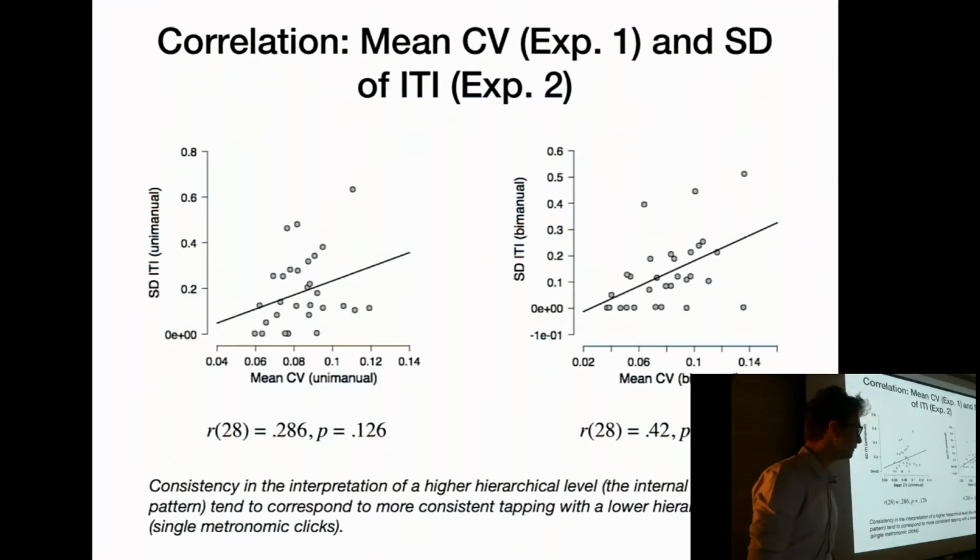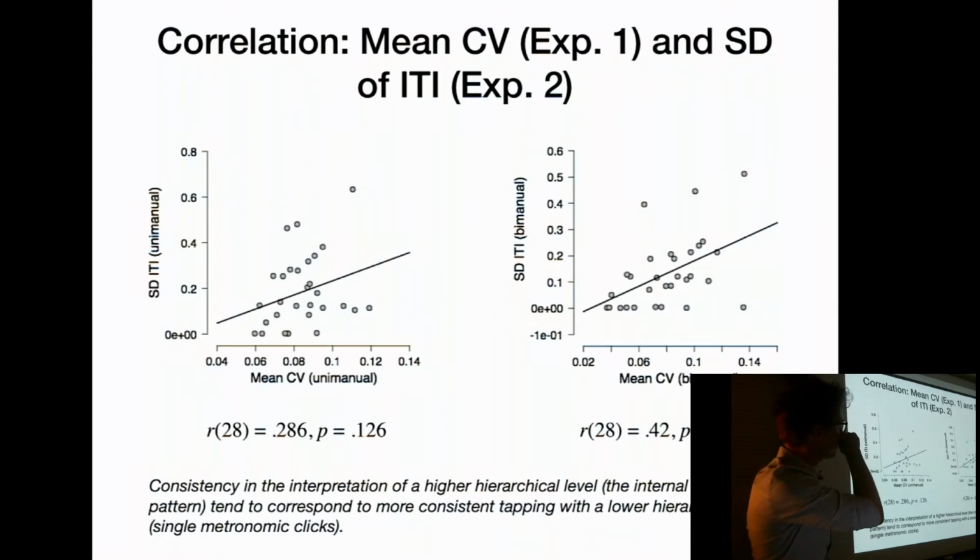All right, and so this is another correlation we ran involving the mean coefficient of variation of the first experiment and the standard deviation of the intertap interval of the second experiment.